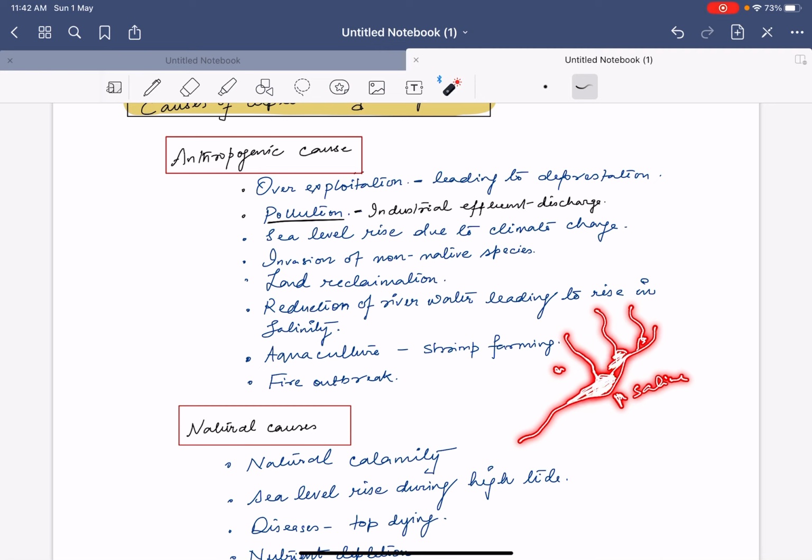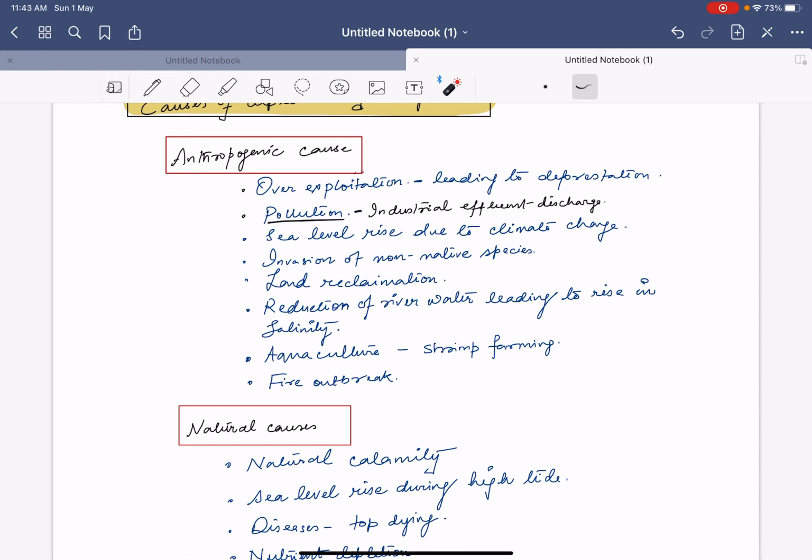So what is happening actually? In every river, dams are being constructed. When dams are constructed, they hinder the flow of the river water. As a result, the salinity of the ocean water keeps on increasing, and this increase in salinity is very harmful to the mangroves.